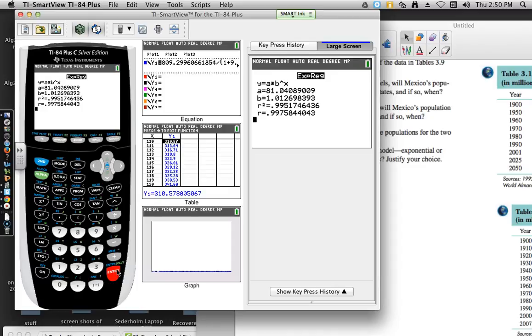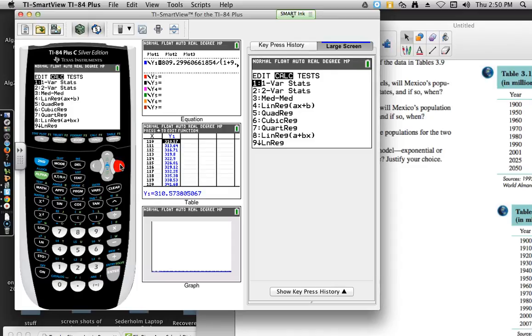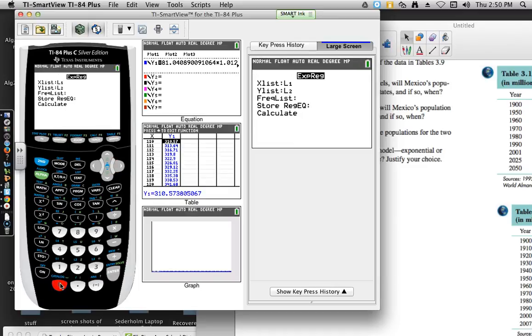Now we're going to do Mexico. So stats, calculate, and we're back to exponential regression, which was 0. But this time I have to make sure that it uses list 3 and list 4. So second, list 3 for my x's, and then second, number 4, list 4. And I'm going to store this in y sub 2.